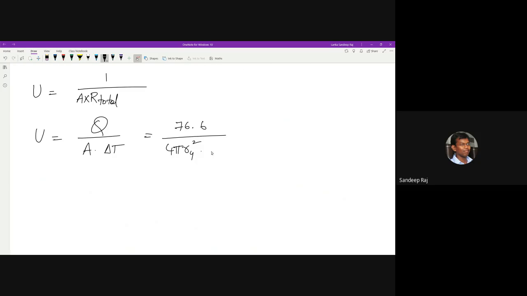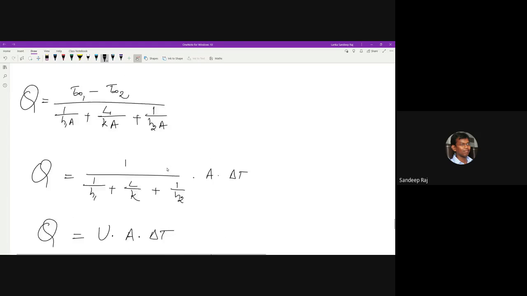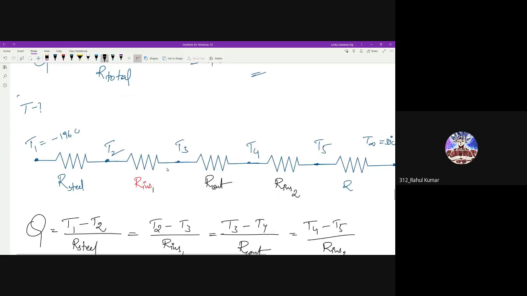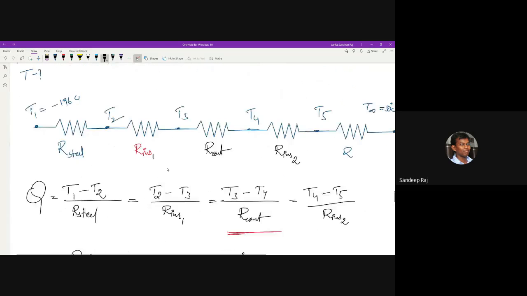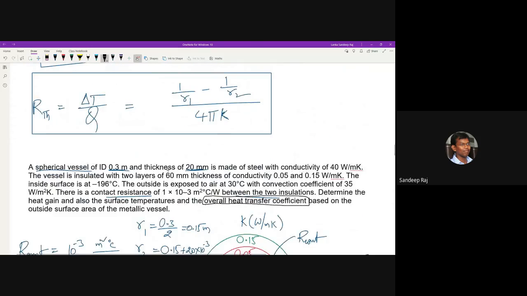What are the values for the delta T here? Minus 196, and the other one, what is given in this question? 30. Minus 30 or 30?